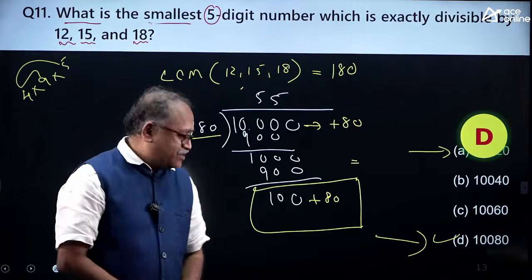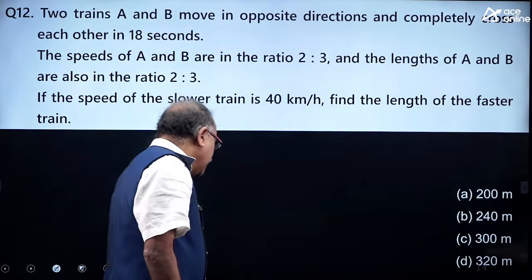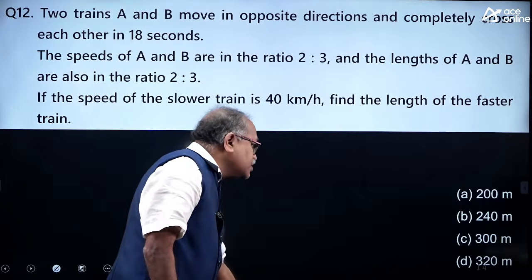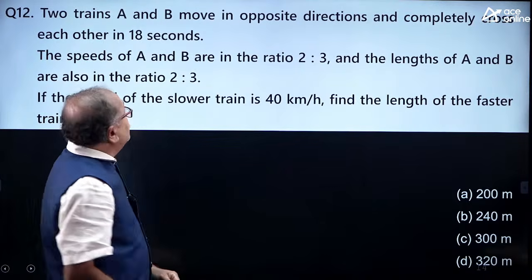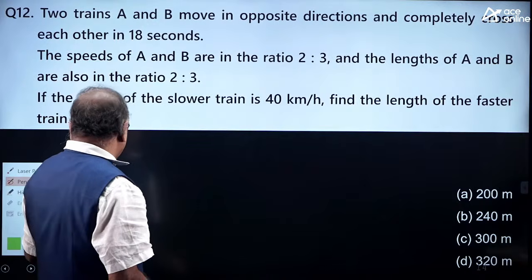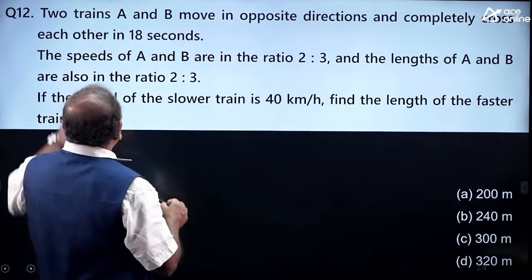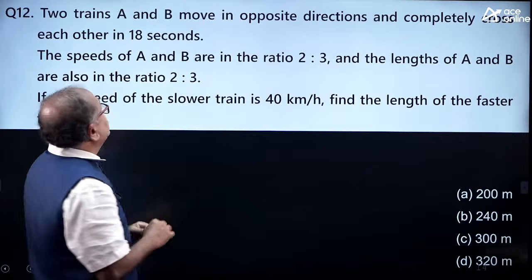Moving on to the next question, and if you are able to answer this question, you will be able to answer any question of profit and loss. Is it profit and loss? No. It is a train related question, time and distance. Look at this one. I divided this so that you can properly understand the question here.